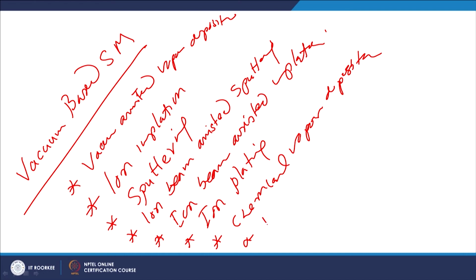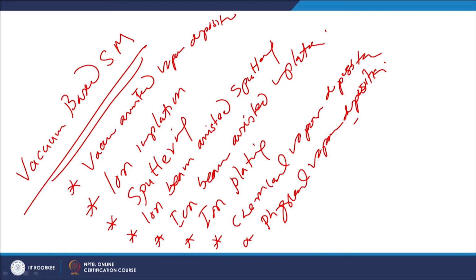So physical vapor deposition processes. These are some of the processes where vacuum is invariably used for modifying the surfaces.